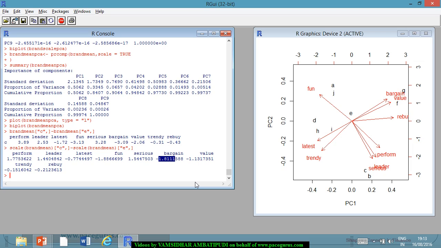Similarly, on some areas, C is much stronger compared to E. So based on that, I could see if I want to be more and more closer towards C, what are the areas I have to compromise in, and in what range, compared to the other competitor brand.